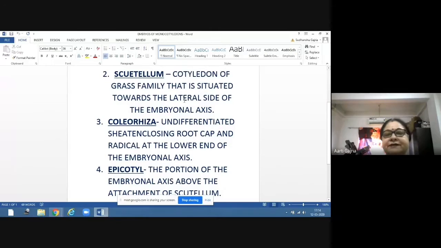This coleorhiza is the undifferentiated sheath which encloses root cap and radicle at the lower end of the embryonal axis. That means this undifferentiated sheath is present at the lower end of the embryonal axis, and it is enclosing root cap and radicle.